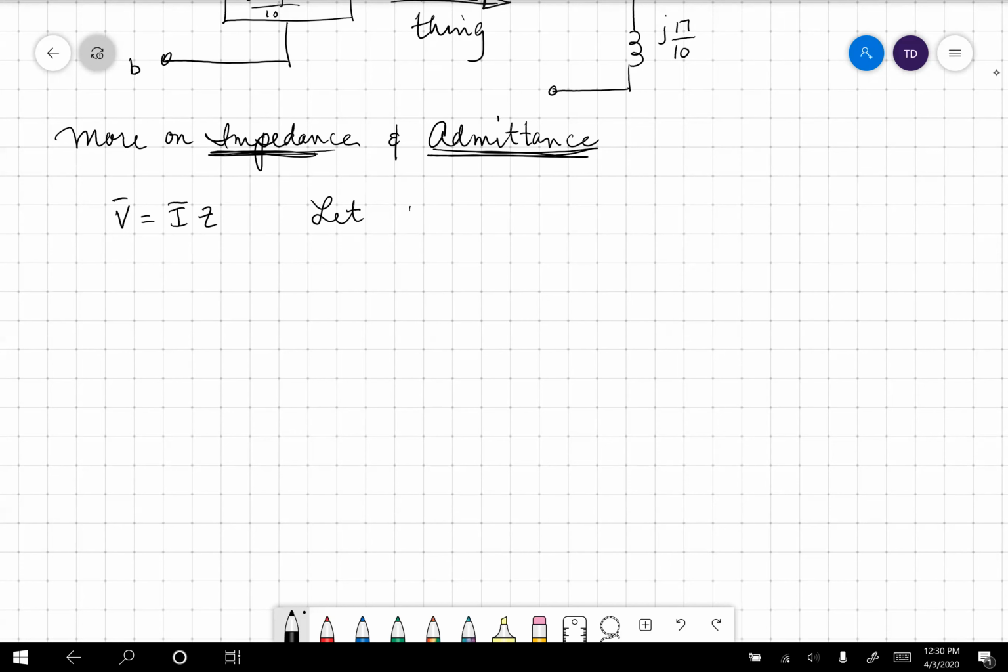Let V equal Vm at an angle of theta V. Let I phasor equal Im at an angle of theta I. And then finally, let Z equal magnitude of Z at an angle of theta Z.